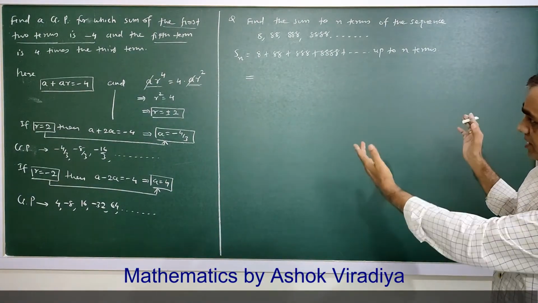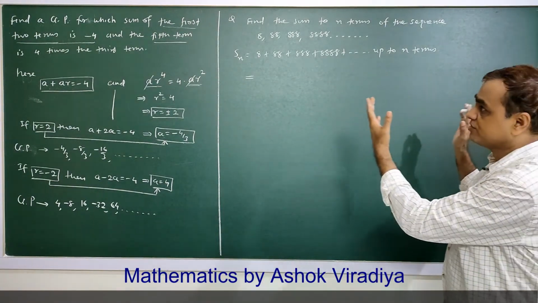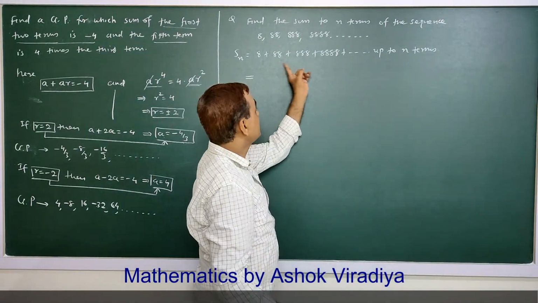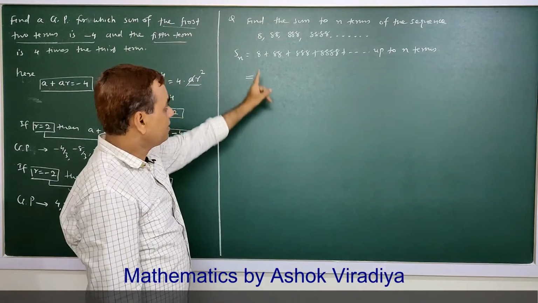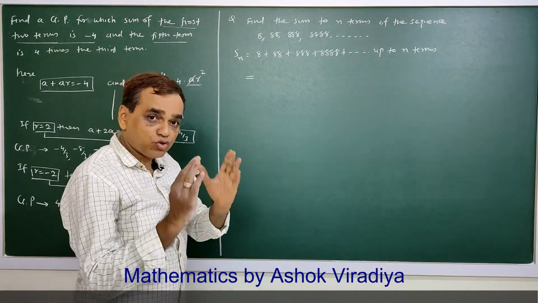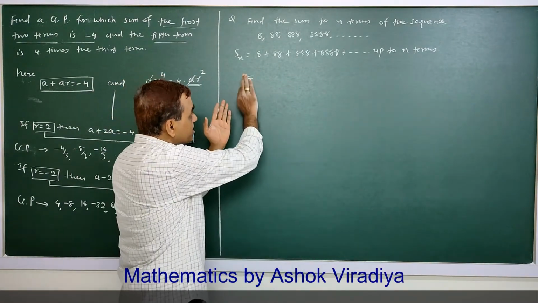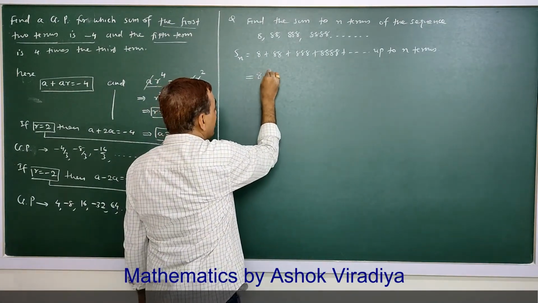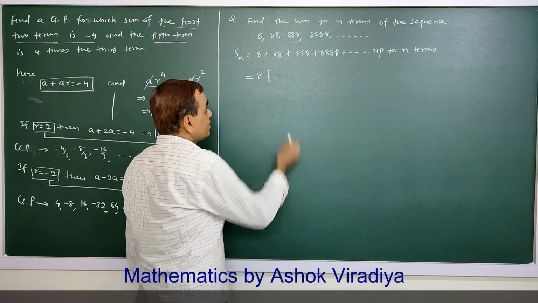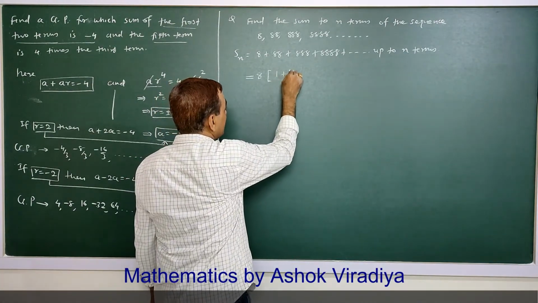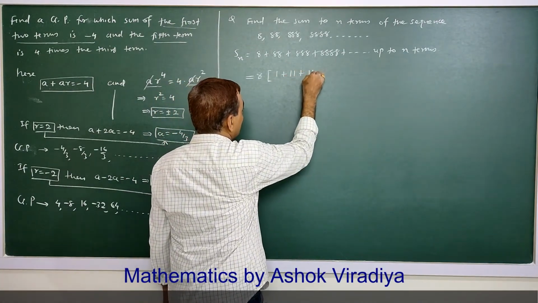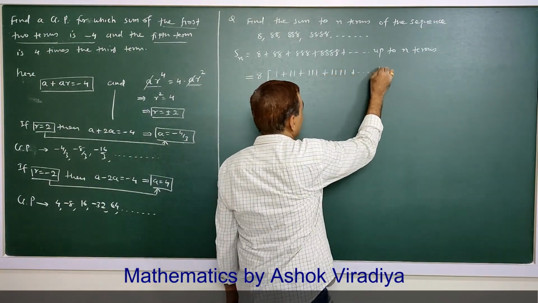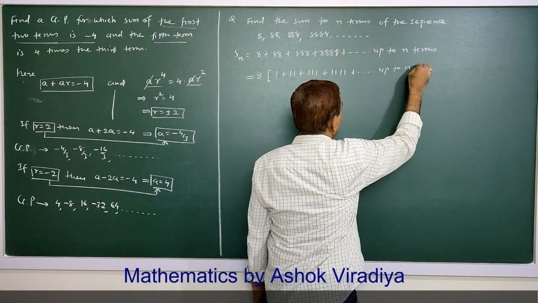Because it is not a GP, for such a series of n terms, the procedure is, if all digits are the same, remember this method, take that digit common. 8 is common, so inside, 1 plus 11 plus 111 plus 1111 plus up to n terms.